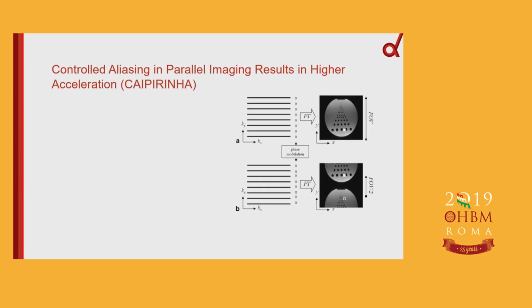One of the important things which people realized, particularly Felix Breuer and the group in Würzburg, was you can actually disentangle these slices from each other better if you start adding a phase gradient onto them.